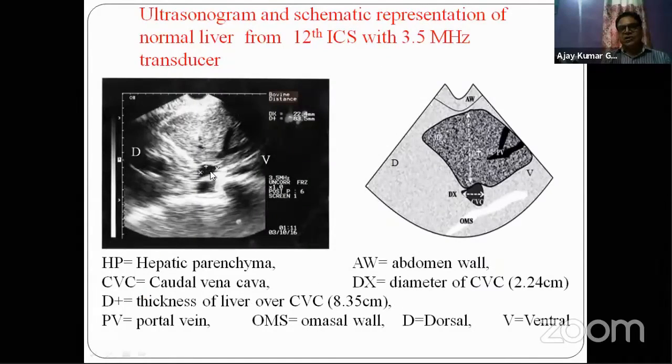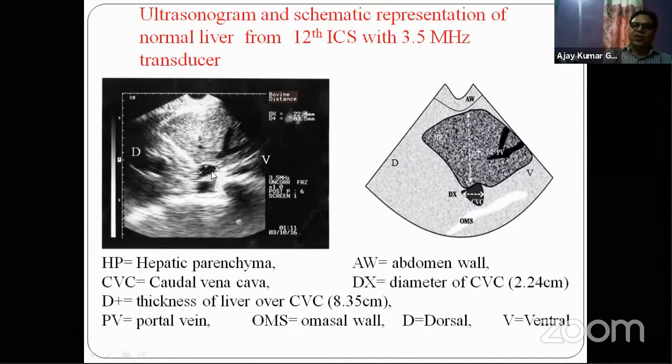The portal vein appears oval or circular, with stellate ramifications. The caudal vena cava is always dorsal. You can see this is dorsal and this is ventral. It is deeper, that is medial, when compared with the portal vein, which is more lateral and more ventral.